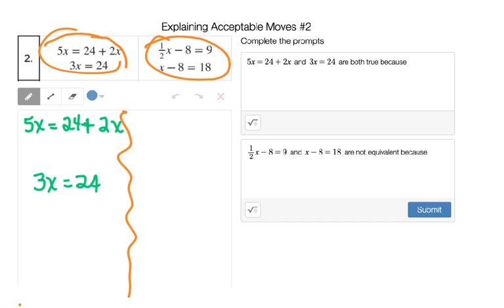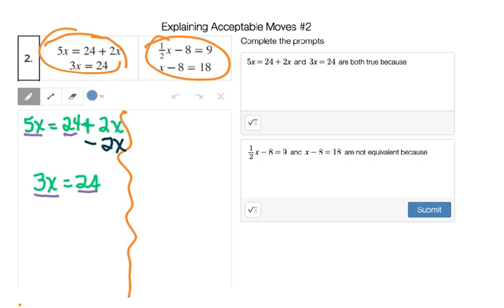I'm only going to look at the first equation, we know that it's true. So what did they do? If I look here, I started with 5x and I now have 3x. Here's the 24, so they didn't do anything to the 24. But what they did do was they took away 2x from the right.